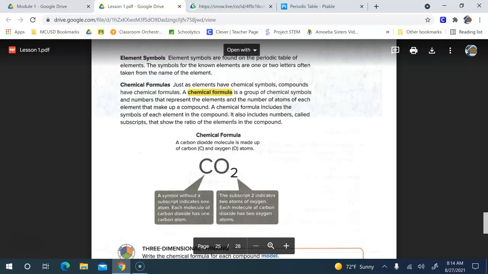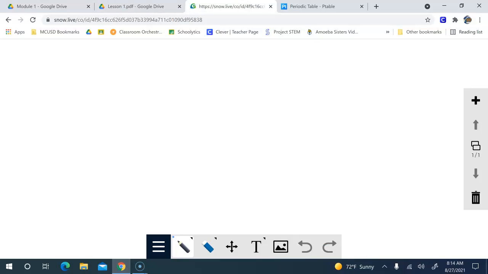Read these 2 paragraphs. This talks about chemical formulas. So let's kind of pull this out. So chemical formulas, this one specifically is for carbon dioxide, CO2.